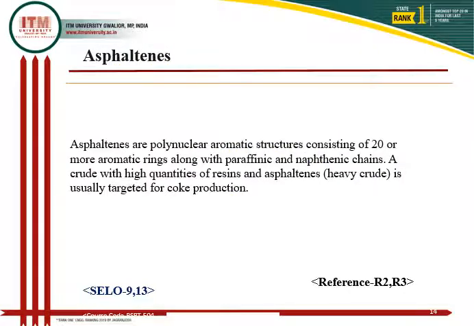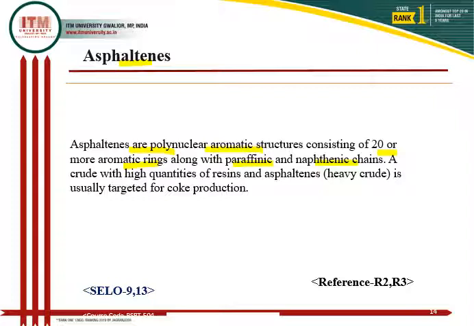The next compound is the asphaltenes. Asphaltenes are also polynuclear aromatic structures. They consist of 20 or more aromatic rings along with paraffinic and naphthenic chains.